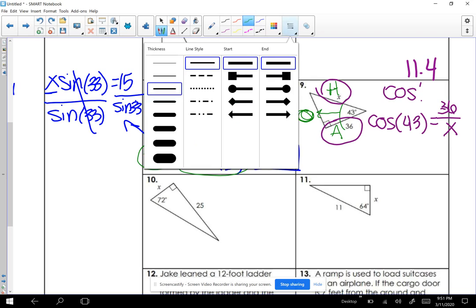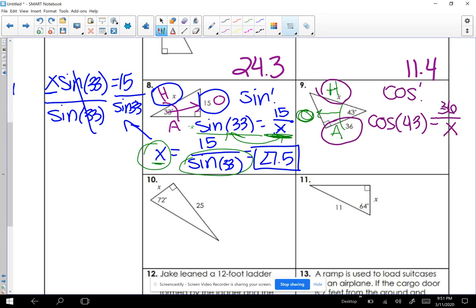I'll keep it in green to keep it organized. X is in the denominator, so I am going to switch the positions of x and the cosine of 43. So now instead, I have x equals 36 over the cosine of 43.